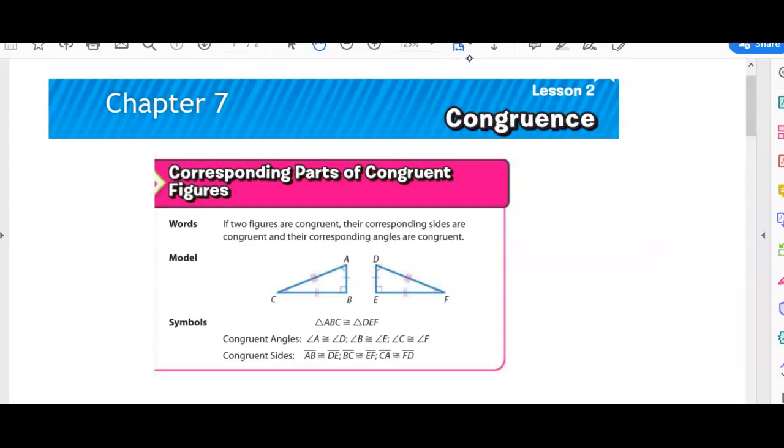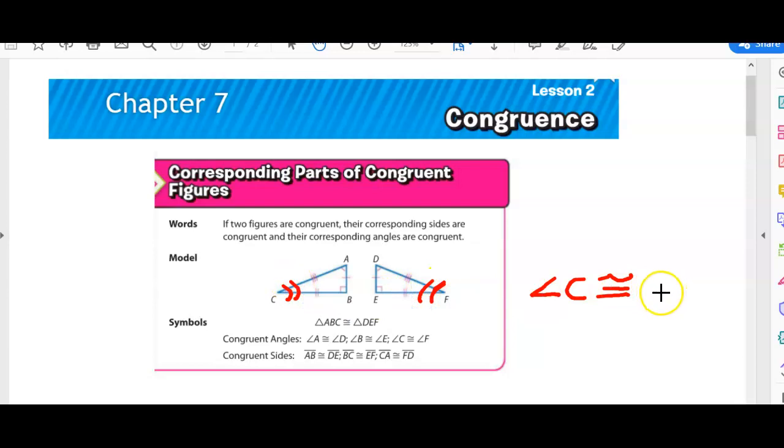Let's see if there's anything else I need to cover there. Same thing with the angles, you guys. We could say that angle C, and this is the symbol for angle, we would say angle C is congruent. Now let's find the other one that has 1 tick mark, and angle F. Whoops, that's actually got 2, right? It's 2 tick marks, and then this one is 2 tick marks.